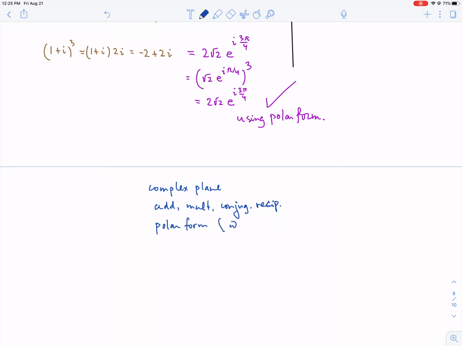And to make it especially concise, we use Euler's formula. And just to emphasize, when you multiply two complex numbers, their absolute values multiply, and their arguments add. Okay, that's the end.